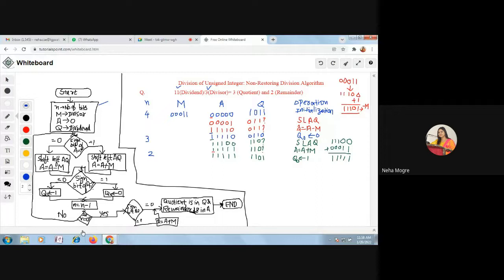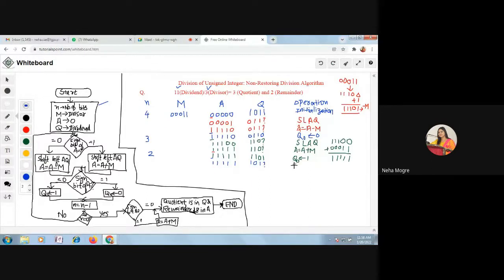Yes, if it is 2, that means n is not equal to 0. Again check the sign bit of A. What is the sign bit of A? 1. So if it is 1, what do we have to do? Shift left AQ. So again, this will be 1 1 1 1, again here 1, then 1 0 1, and a question mark.